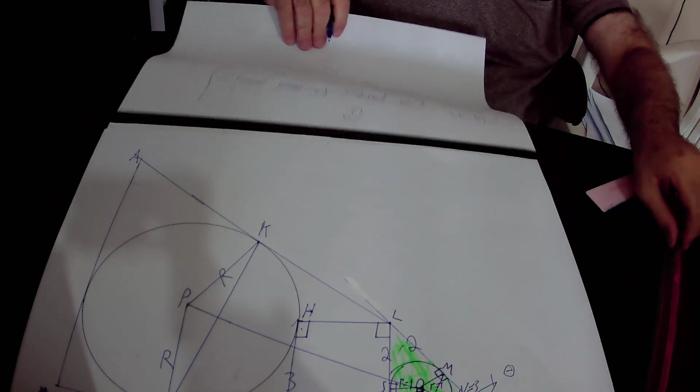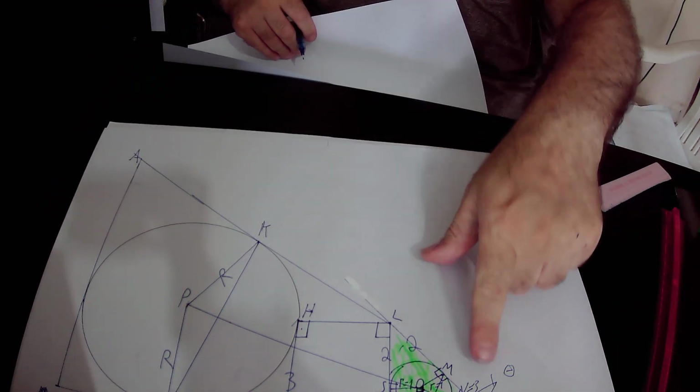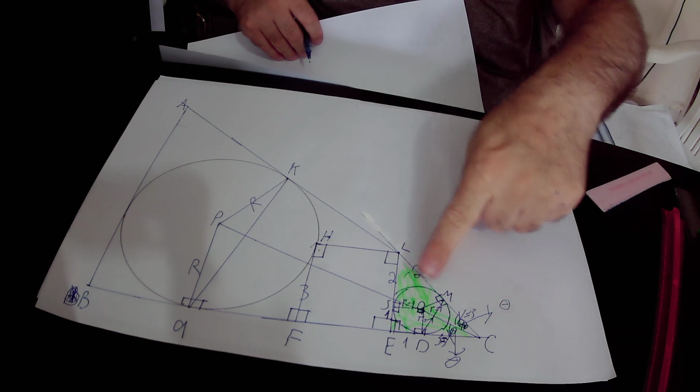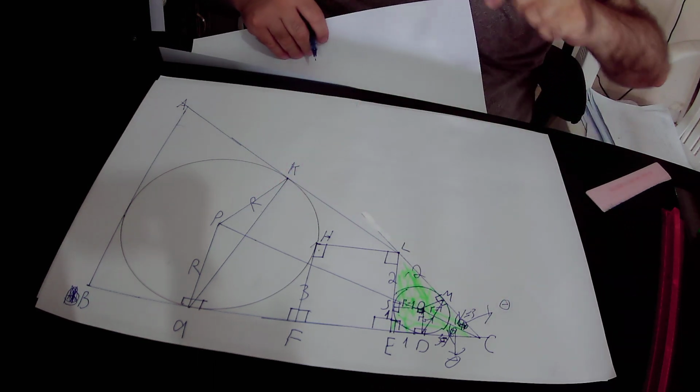According to our claim, this angle bisector CO passes through point P.